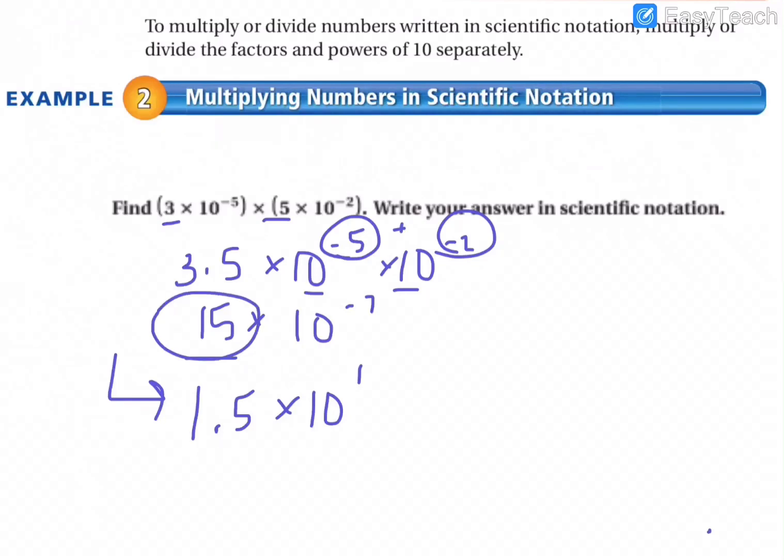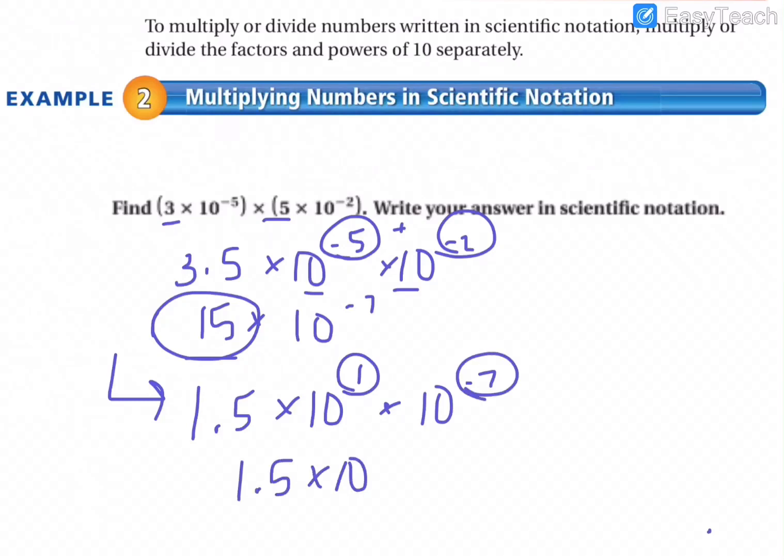This is not scientific notation because the decimal point needs to be here. Okay, so I put it there, and that means I have to move. If I want 15 to be in scientific notation, I slide it once to the left, and that means it's 1 and 5/10 times 10 to the first, and then just bring down the times 10 to the negative 7th, and then again, we're adding our exponents. So 1 and 5/10 times 10 to the negative 6th is our final answer.